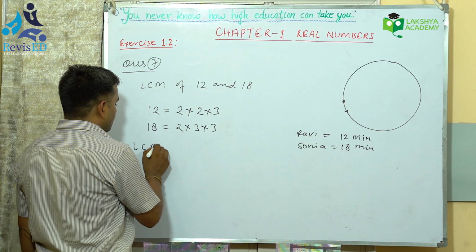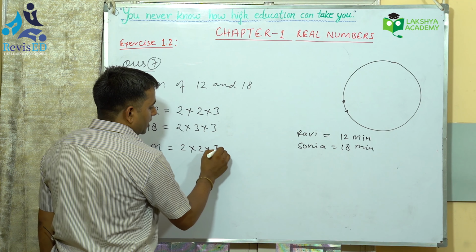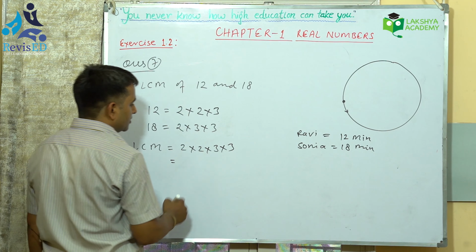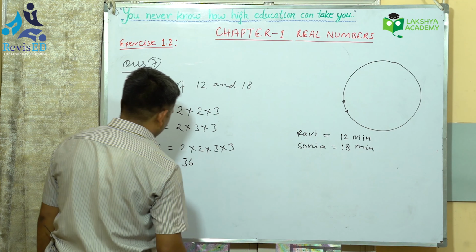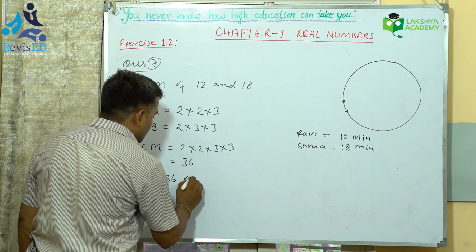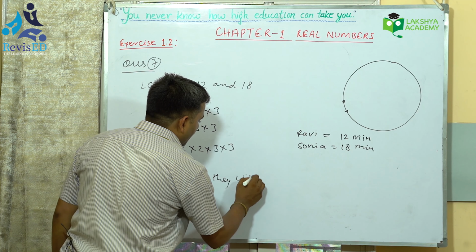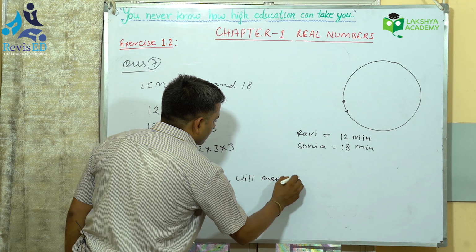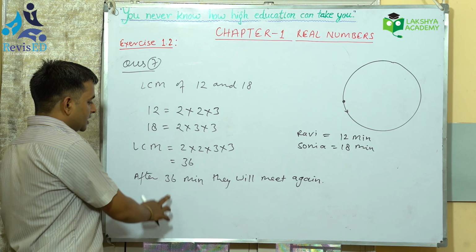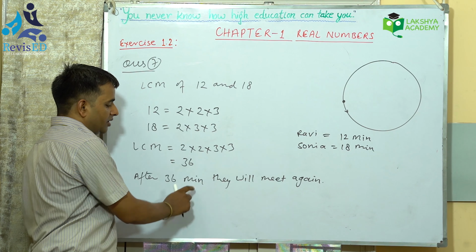So the LCM is 2 into 2 into 3 into 3, which is 36. So after 36 minutes they will meet again. We need to find the LCM of both the timings, then only we can get this.